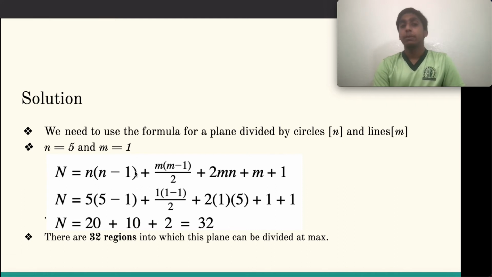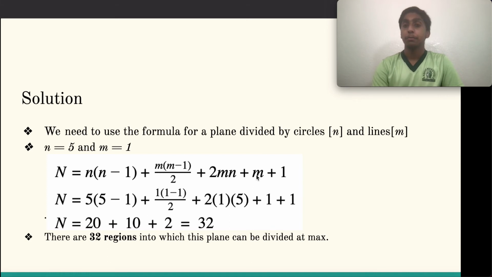So n into n minus 1 now becomes 5 into 5 minus 1, which is 5 times 4, which is 20. m into m minus 1 over 2 is 1 into 1 minus 1 over 2, and I already know that's going to be 0. Plus 2 into mn, which is 2 into 1 into 5, which is 10.